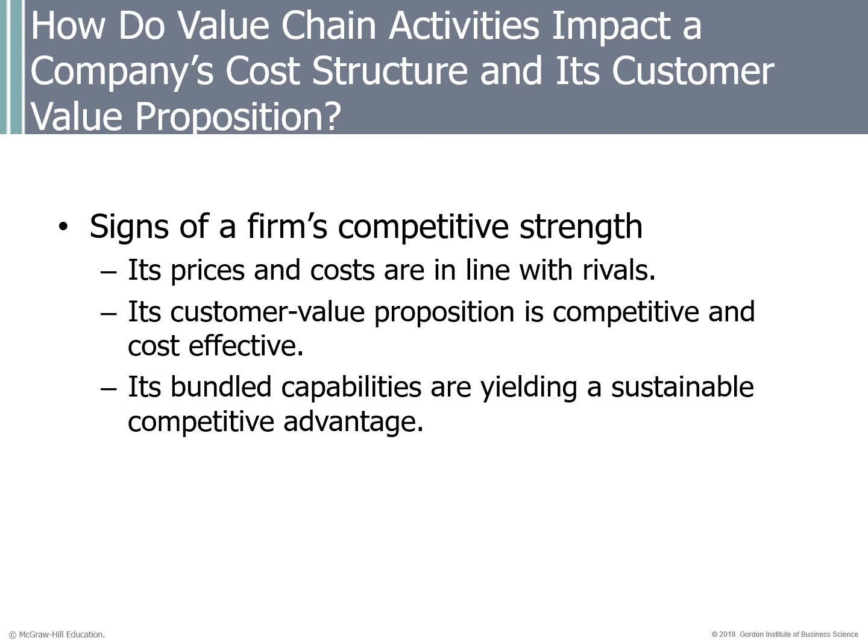Usually we'll look at the value chain as a way to analyze the effect of the resources and capabilities that the company has got. The higher the company's costs are above those of close rivals, the more competitively vulnerable it becomes, because it means that your competitors can undercut you.